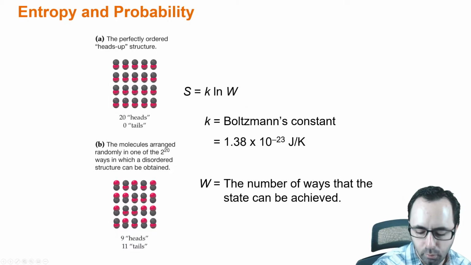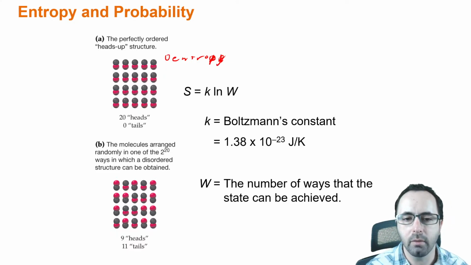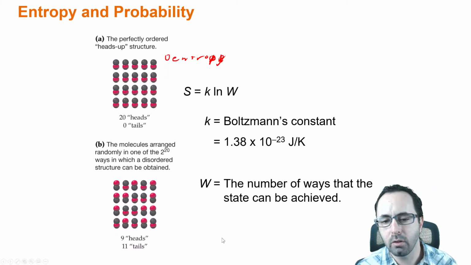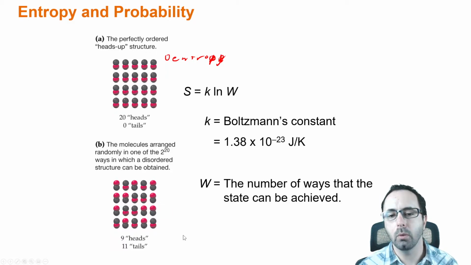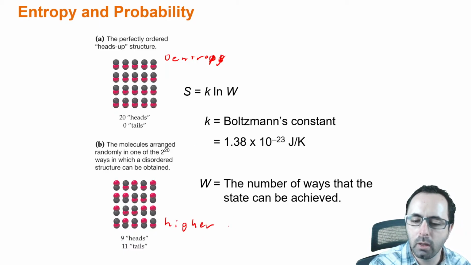So this would be what a zero entropy arrangement looks like. Just basically perfectly ordered. Everything is perfectly heads here. But if we were looking at this arrangement, well, there's lots of different ways in which this could be achieved. So the entropy would be much higher. But you could calculate it exactly using this formula.